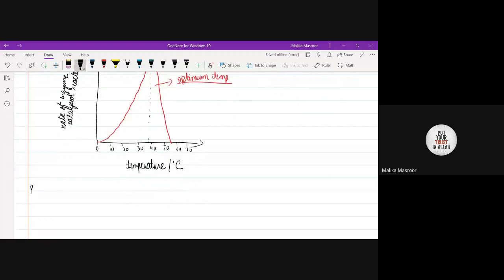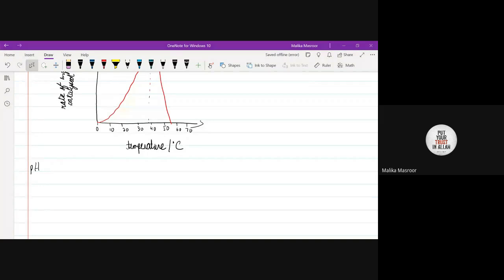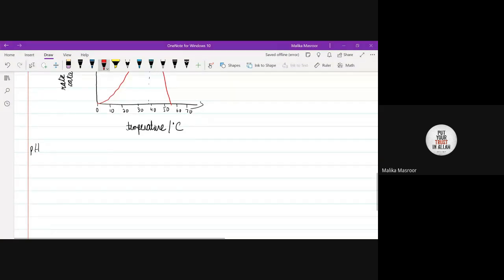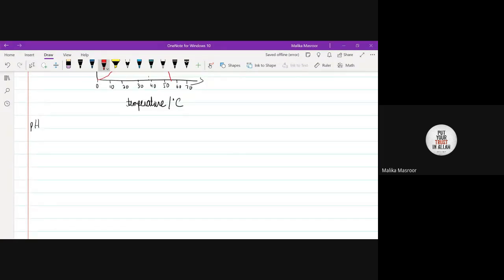Now, if we talk about pH, I will similarly start the same way: as pH increases, enzymatic activity also increases.